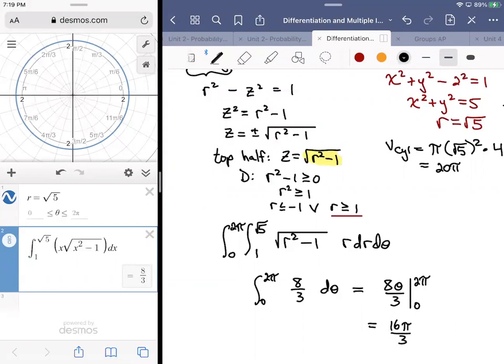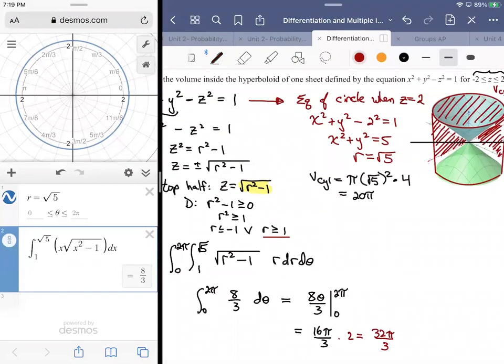All right, now again, that's the top half. That's only the top half. All right, so I need to double that. 32 pi over 3. And then I have to subtract that from the volume of the cylinder, minus the volume of the null.